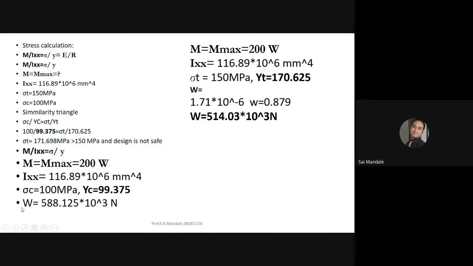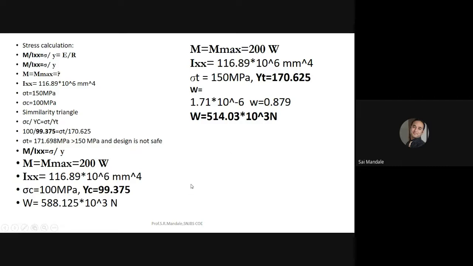You can skip this part too, but just for cross verification, I have given the calculation of W based on sigma c. Here the section fails at 171.69, so we have to go for the calculation with respect to 150 tensile stress only. So it is very clear that the maximum loading will be less than that, so it is the safe value.